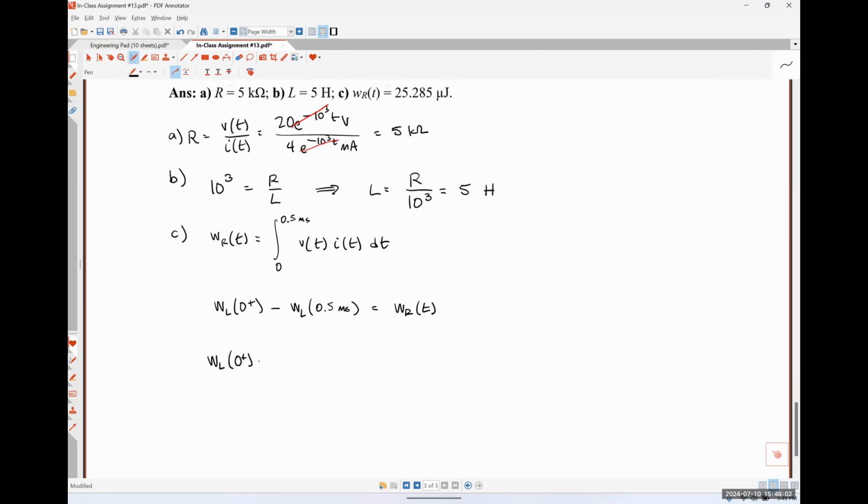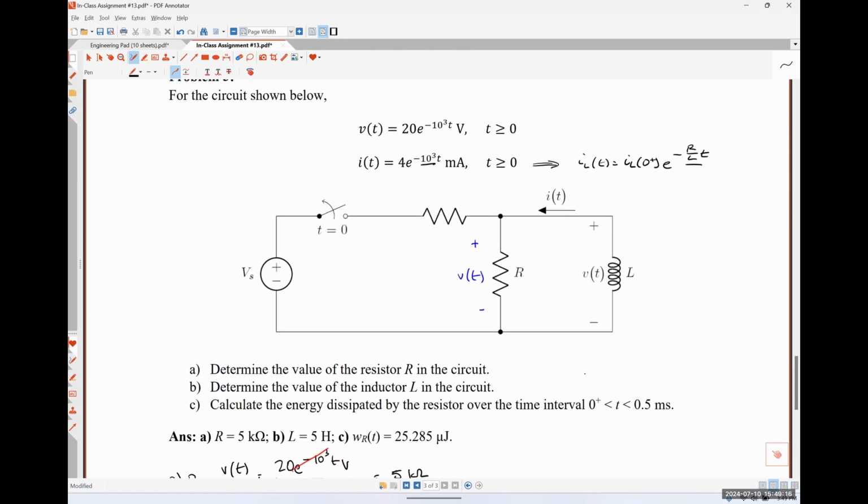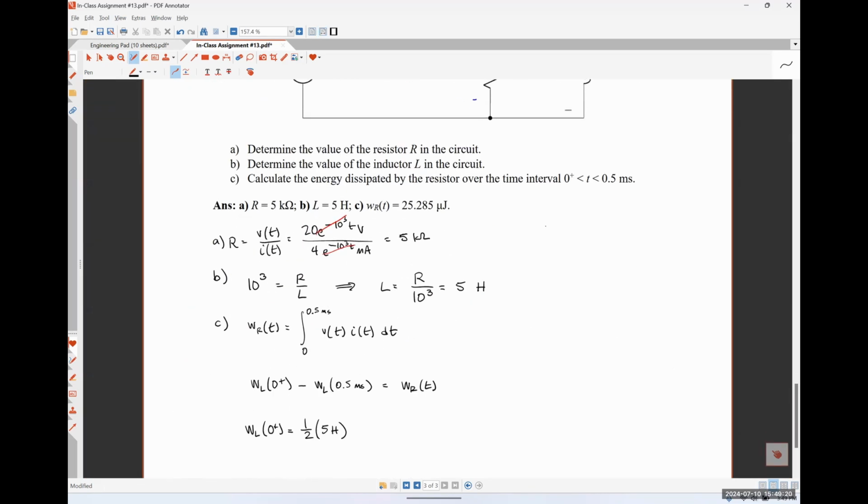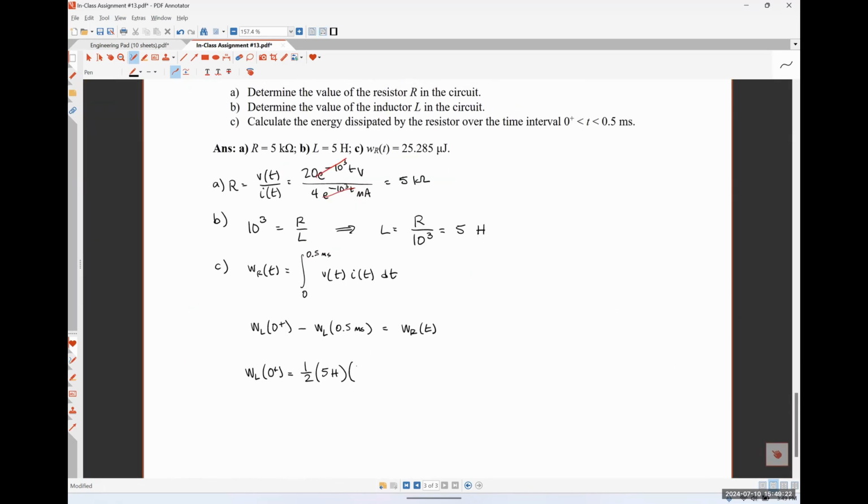So W_L at 0+ is just 1/2 times our inductor value of 5 henries times our inductor current at t equal to 0, which is just 4 milliamps, squared.